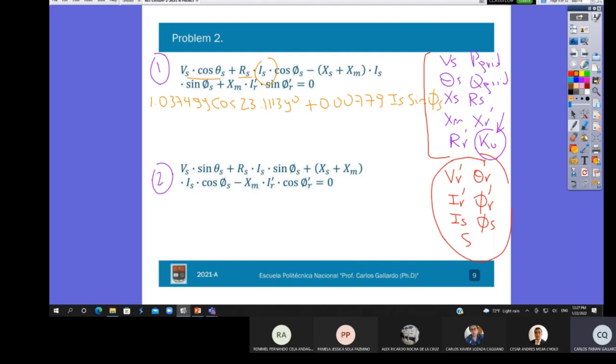Here I will have the stator reactance plus the magnetizing reactance. So plus 0.0779 plus the magnetizing inductance. According to the manufacturer, this value is 4.1039, times the stator current, sine of the angle.